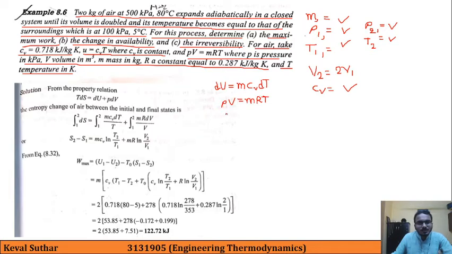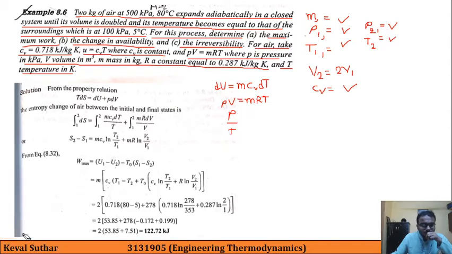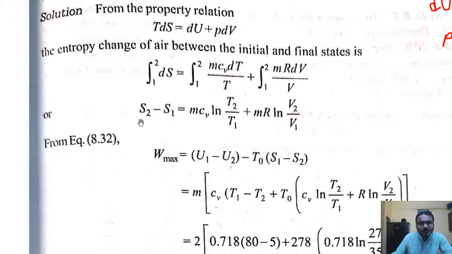So here instead of P upon T we can write down mR upon V. So this is being put instead of P upon T. Now once we integrate it, we can obtain this formula that is given here.